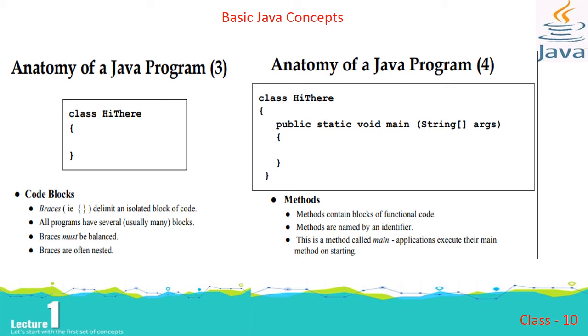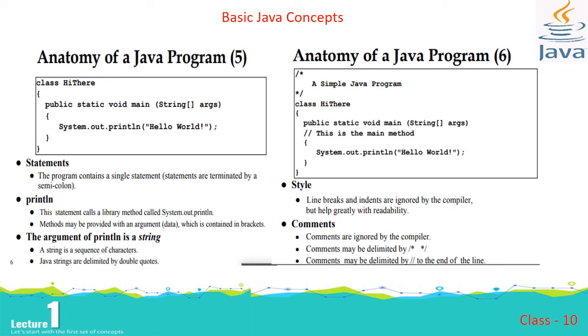Here it is the main method. The application executes the main method on the execution of a program. In one class there can be more than one method with different names, but main is a special kind of method from where the execution starts.